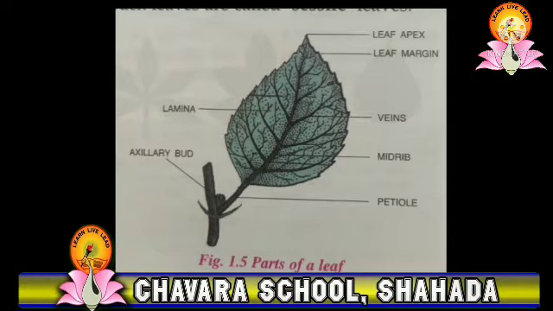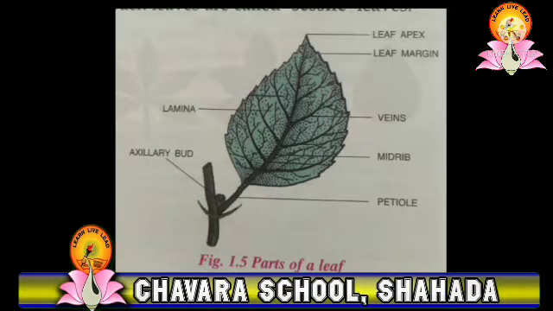It is attached to the stem at the node. An axillary bud is present at the axil of the leaf. Sometimes leaves are directly attached to the stem without a petiole. Such leaves are known as sessile leaves.